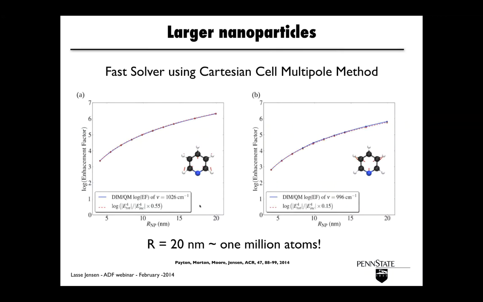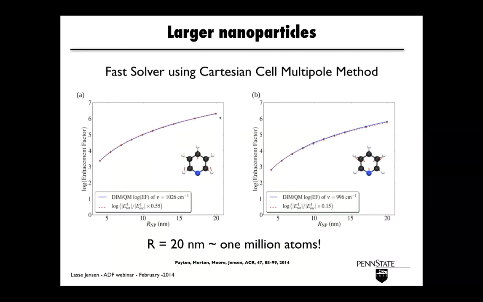So here is the Raman scattering for the two main modes of pyridine, the two ring-breathing modes, as a function of distance to the surface, with size of the metal nanoparticle.